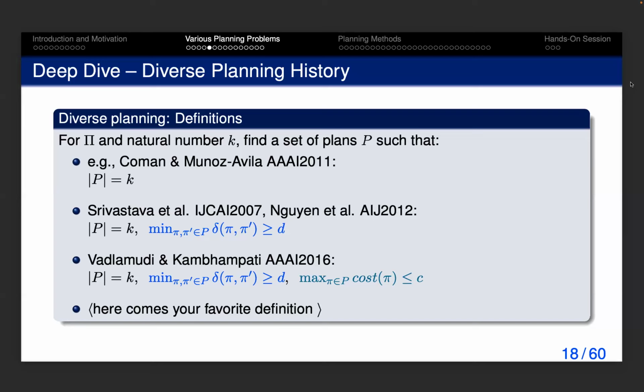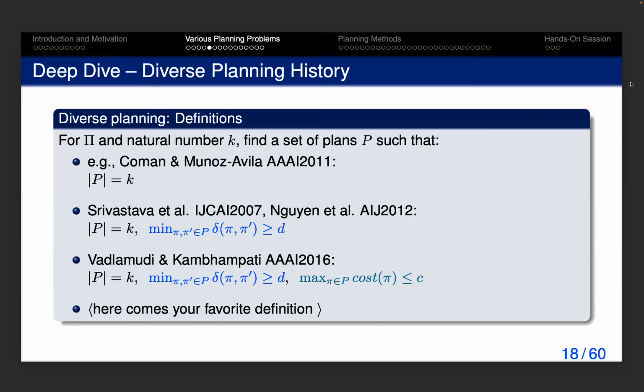In the first one, you care about finding a set of plans, and the size of that set is K. So there was no mention of diversity or pairwise distance between them, but you just find a set of plans, and the size of that set is K. In the later work, you bring in the notion of diversity, which is a comparison between actions, looking at the distance between the actions, whether, and I'll mention that in the next slide, plans are considered as a set of actions or as a set of states.